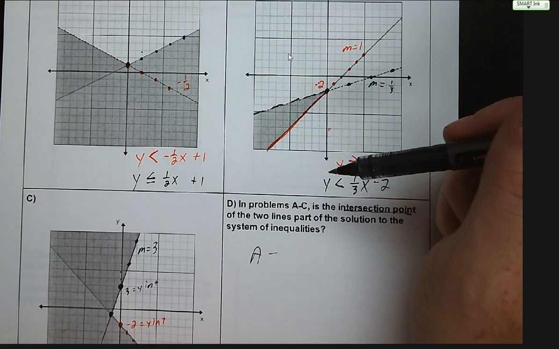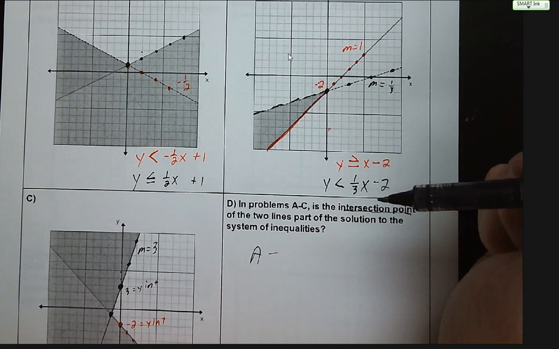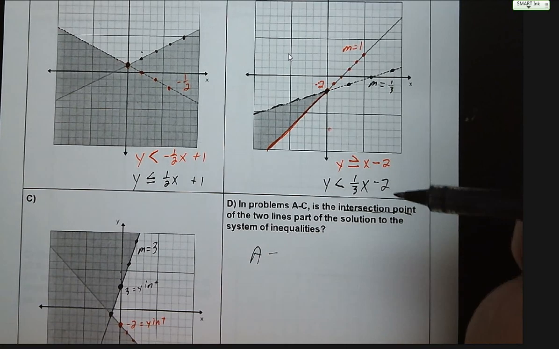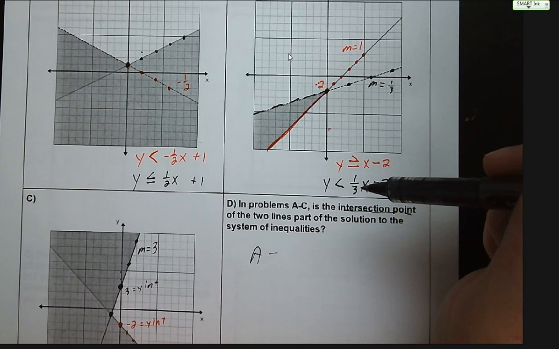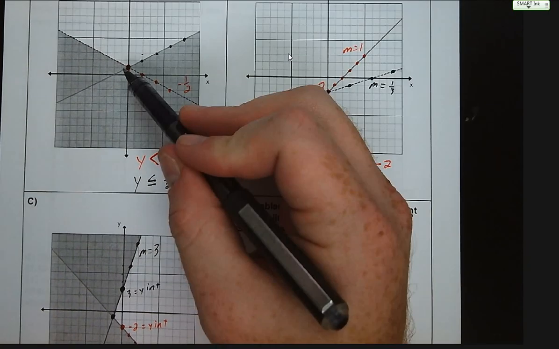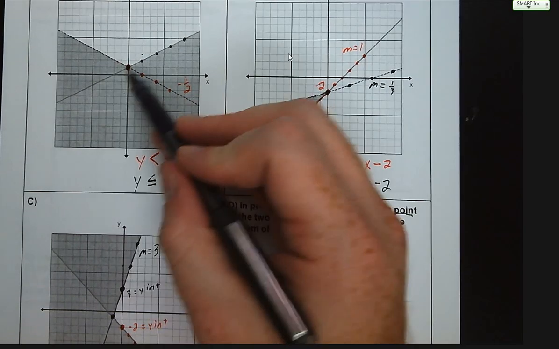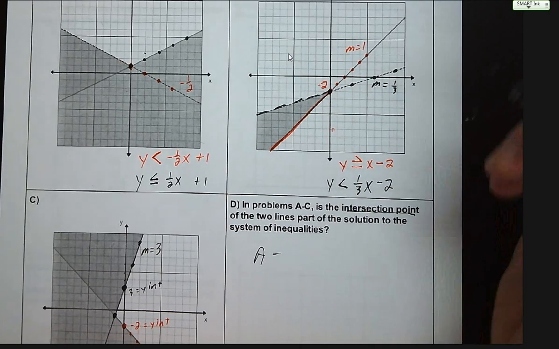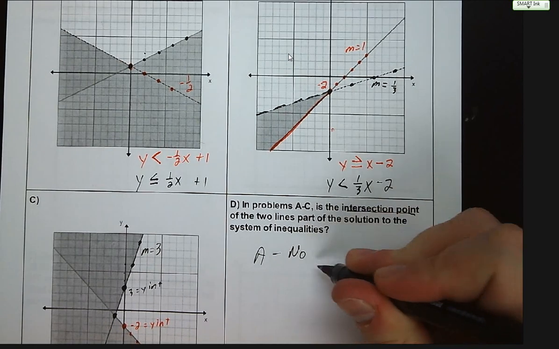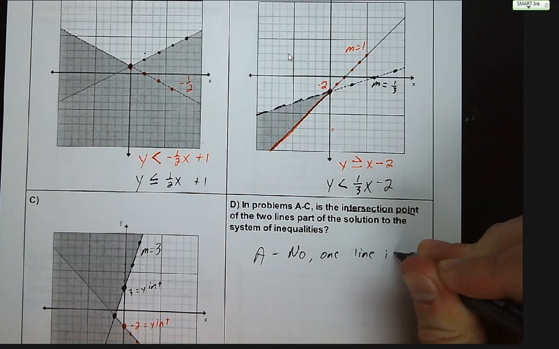And if we remember back to yesterday's lesson where we talked about what a dashed line means, the points on that line are not part of our solution set. So if the point is not part of the solution set in one, but it is in the other, is it part of our solutions for the system? The answer is no. One line is dashed.